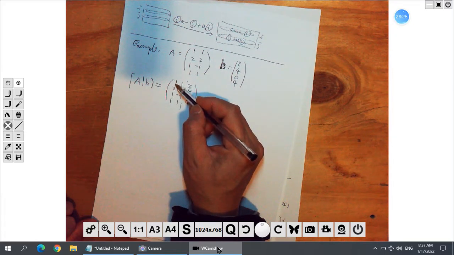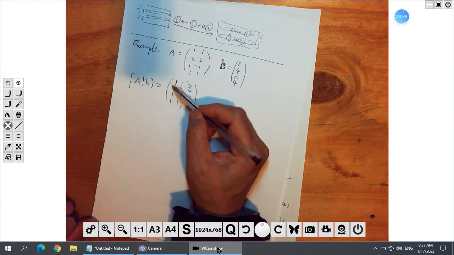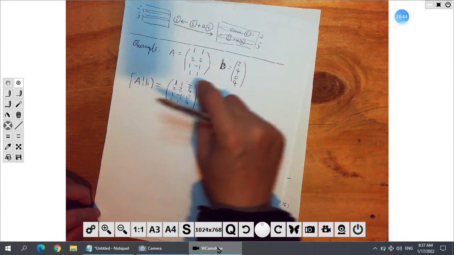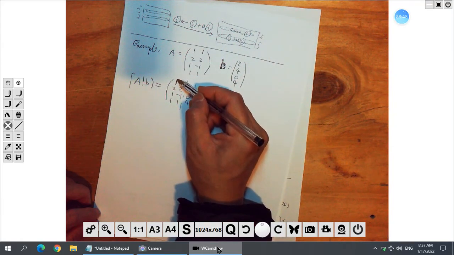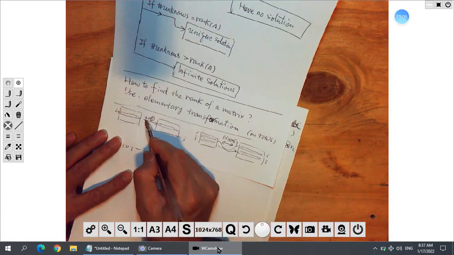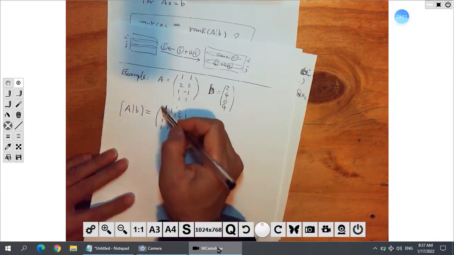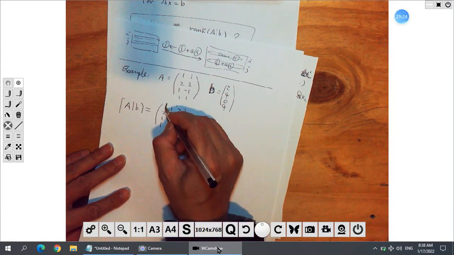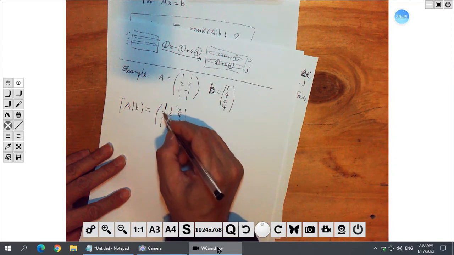If the first element is 0, you need to find a non-zero value in the rest of this column and move it there. If it is not 1, like a 4, you just divide by 4, or times 1 over 2 on the whole line, so we can make the first element 1. We keep this 1 and make the rest 0.